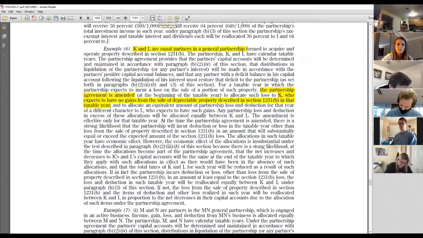And taxpayers like ordinary losses better than capital losses for two reasons. One is that capital losses can only be used to the extent of capital gains, the capital loss limitation. And then another 3,000 is against ordinary income. We can just ignore that 3,000, because that's not meaningful if we're talking about millions of dollars of capital losses.